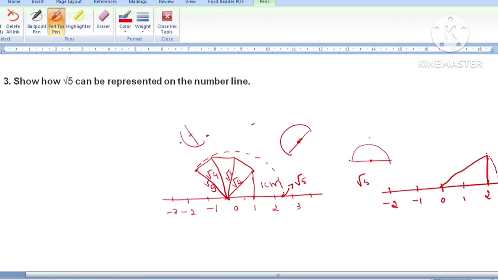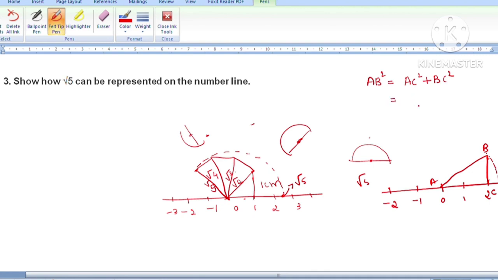Why is this method also true? Here we can apply the Pythagoras theorem. You can take A, B, C, right? So the square of the hypotenuse is equal to the sum of the squares of the other two sides. So AB square is equal to AC square plus BC square. What is AB here? That we don't know, we have to find it, right?